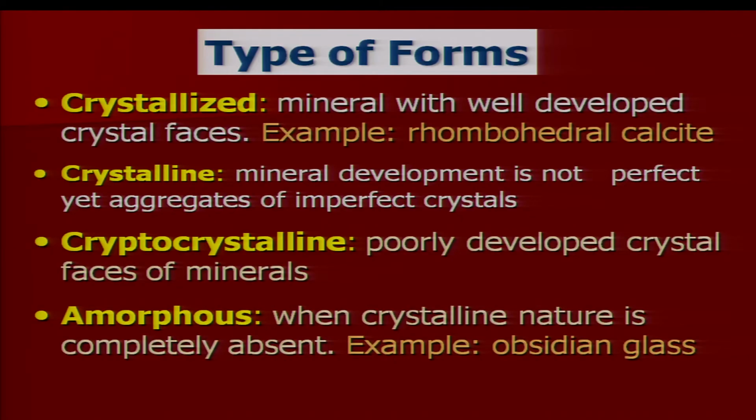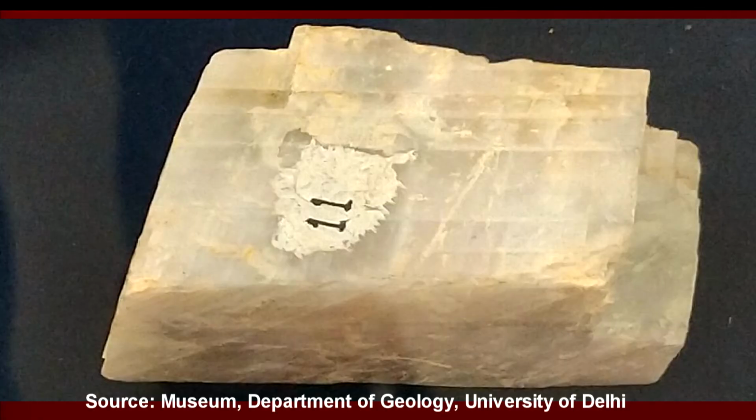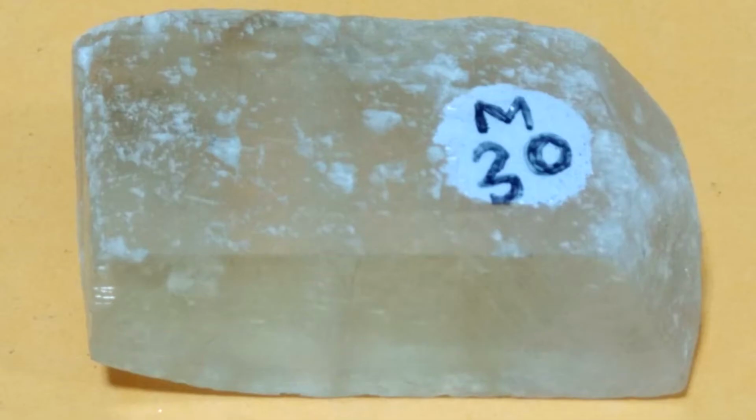What is crystallized? A mineral with well developed crystal faces. The best example is rhombohedral calcite. A calcite crystal has very well developed faces, all the faces are developed and their shape is rhombohedral.